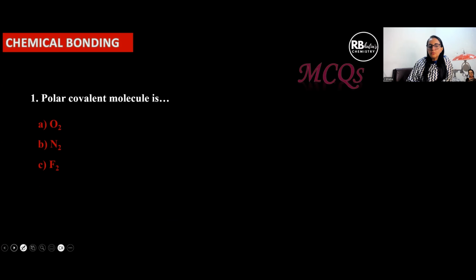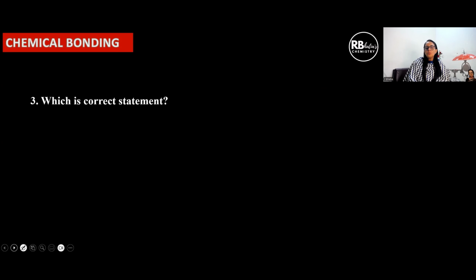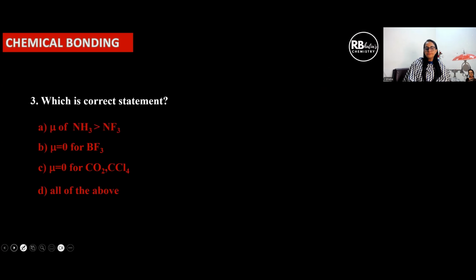So pick up the answer which is a polar covalent molecule. You understand it is HCl, polar covalent, because the first three are made between similar kinds of atoms. Which is a correct statement? So we've just discussed this example. The right answer is D part.